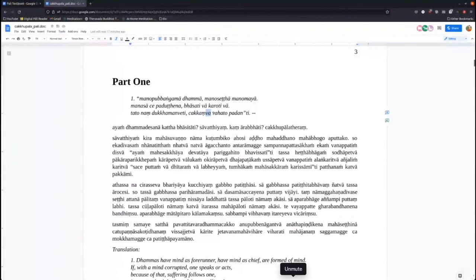So this wa here is a simile. It's like suffering follows that person. Chakang wa, just like the wheel follows the foot of the ox that pulls it.